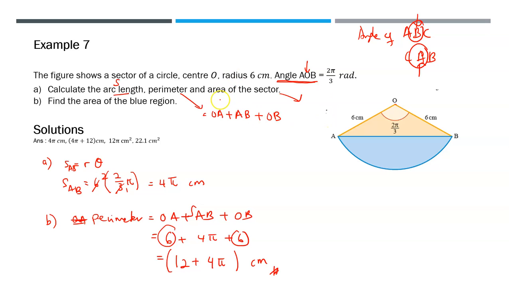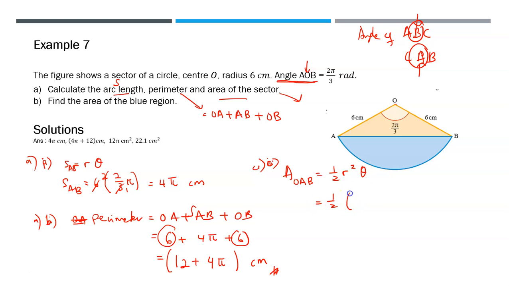Right? Area of a sector. C. Right, this one should be 1 lah kan? A1, A2, and A3. Okay? Area of sector OAB equals to 1 over 2 R square theta.